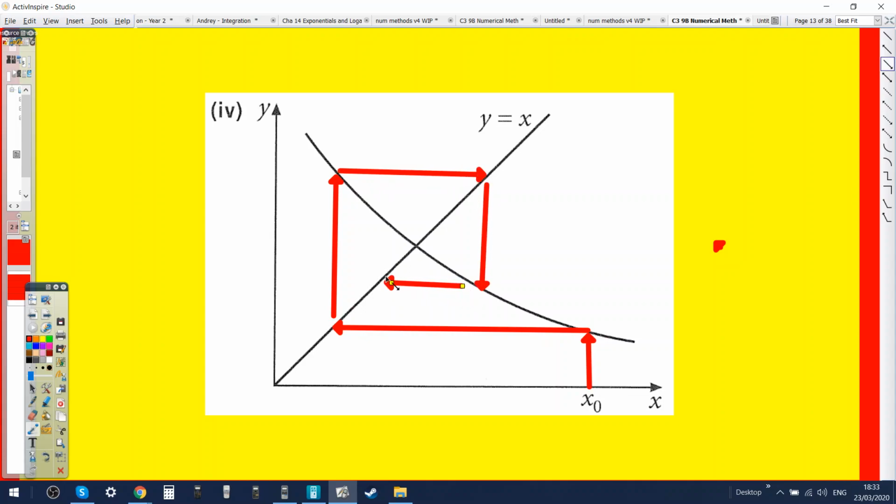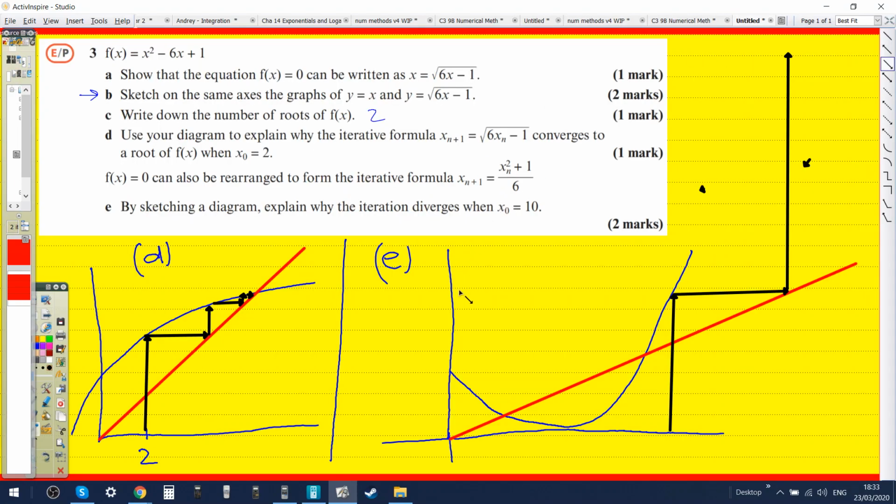But there are certain circumstances where it doesn't converge, and we saw one of those here. So when you're kind of inside, it will converge. In this case, it will diverge. It's outside, and the second derivative is increasing.